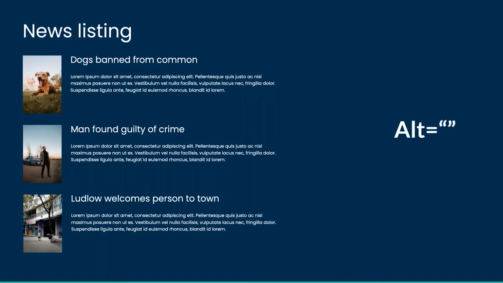So in this case, you can give the images an empty alt attribute. So that makes them completely ignored by screen readers, and the screen reader user could just go to the information they want and click through to that link.